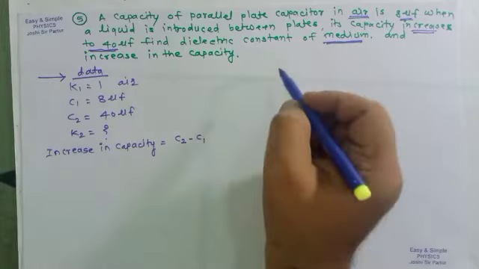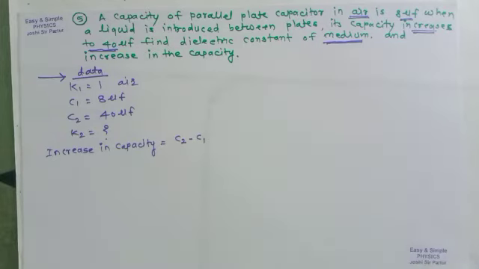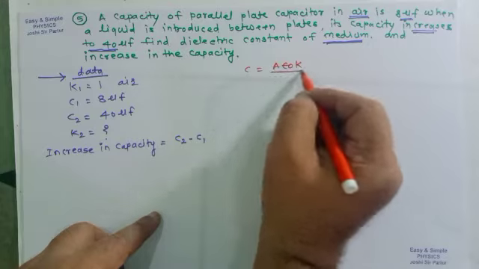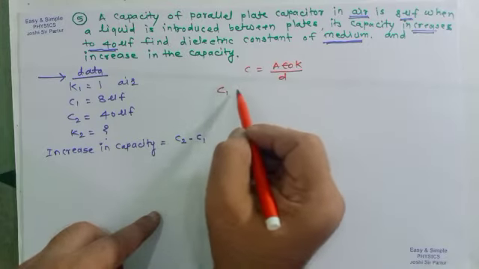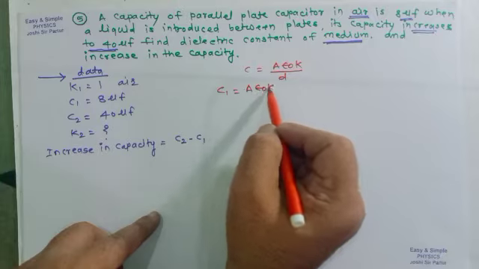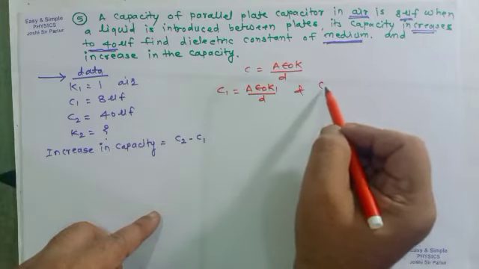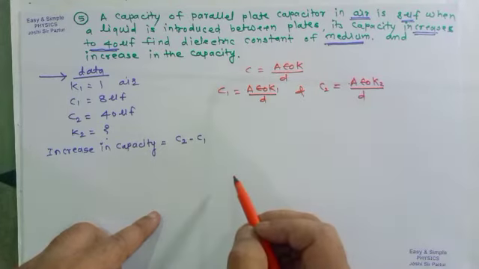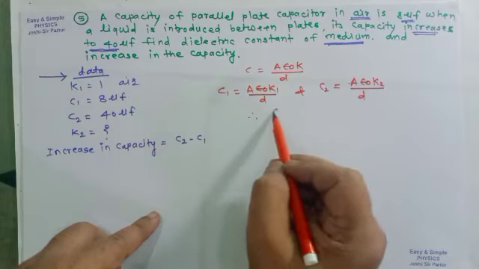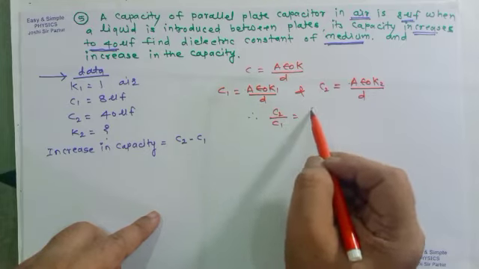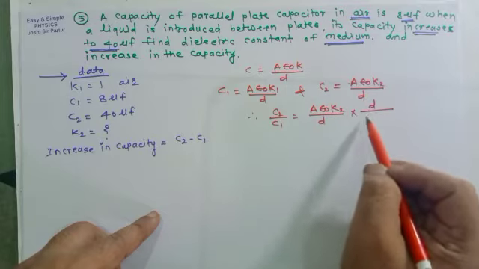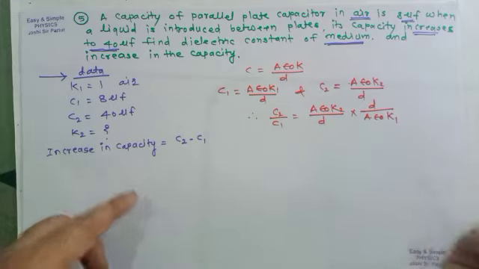So here we know that C is equal to A epsilon 0 K upon D. For the first medium, C1 is equal to A epsilon 0 K1 upon D, and for the second medium, C2 equal to A epsilon 0 K2 upon D. Therefore, C2 upon C1 is equal to A epsilon 0 K2 upon D multiplied by D upon A epsilon 0 K1.